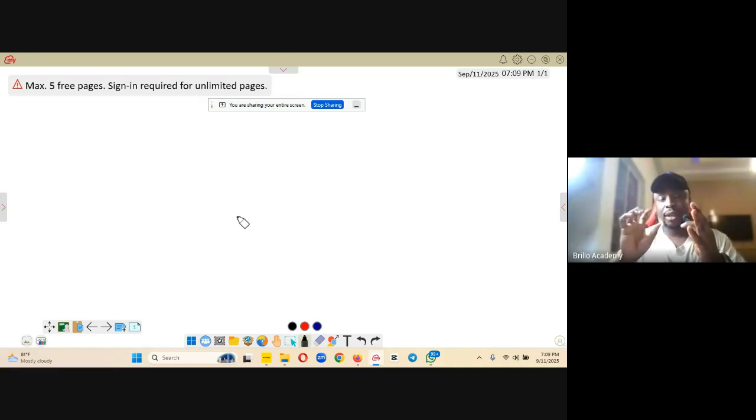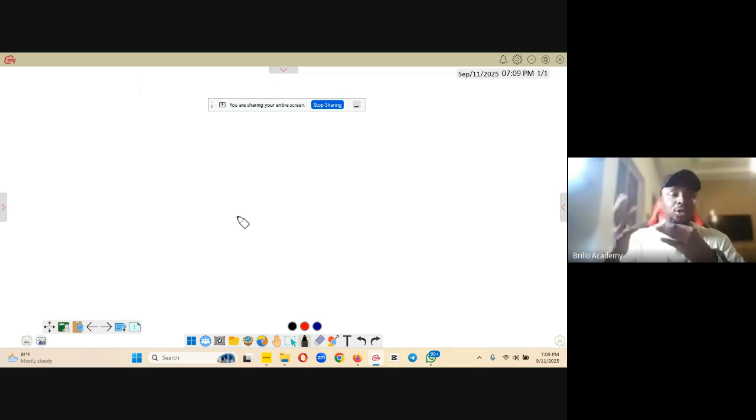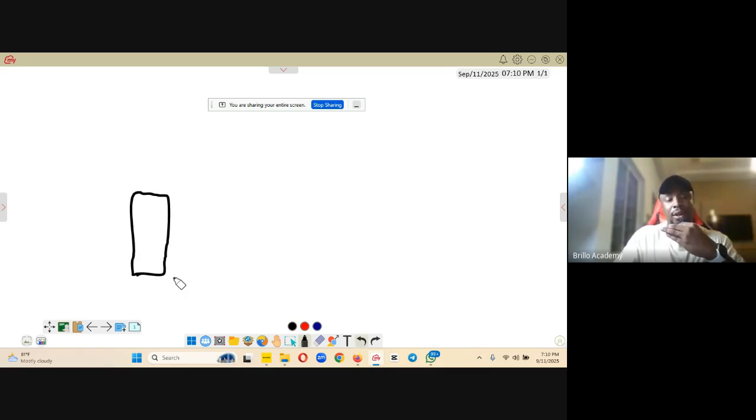A candlestick has four prices, which is what I'm going to share with you guys now. A bullish candlestick opens from the bottom and closes at the top, right? So it opens from the bottom and it goes up and it closes at the top. So this is a bullish candlestick, right?